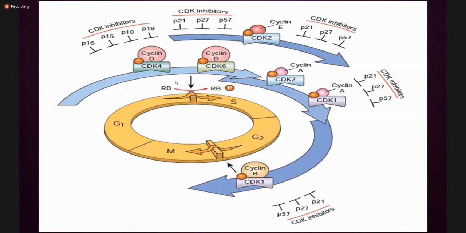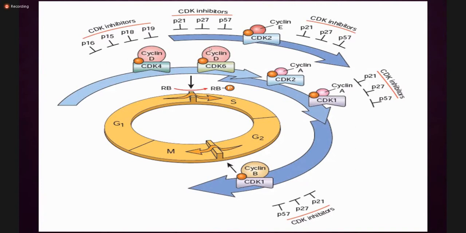The major limiting factor is the phosphorylation of the retinoblastoma protein. When phosphorylation happens, it's a go signal for the cell to continue to divide. This is progressed by cyclin and cyclin-dependent kinases.